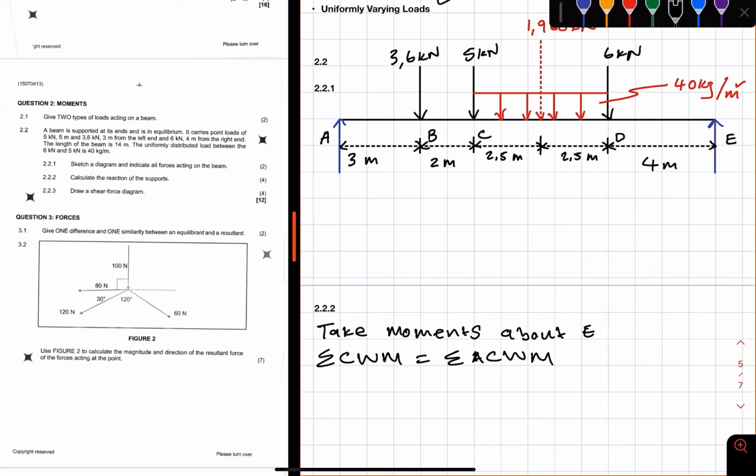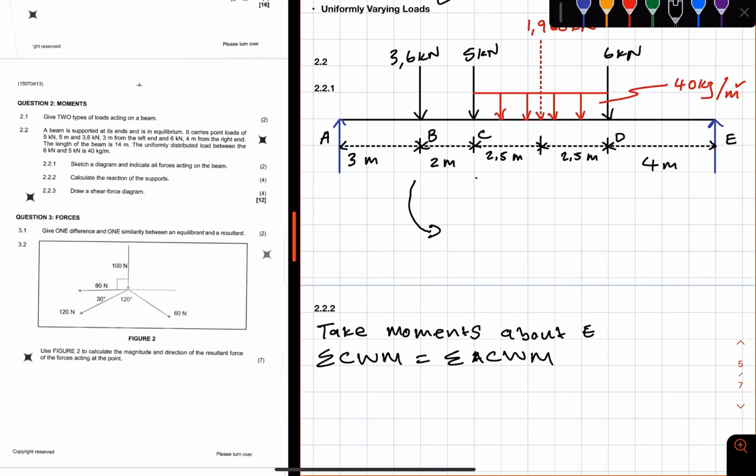Now, if you look at all the other point loads, including the weight of the beam, they are going to have an anti-clockwise turning effect if we are taking moments about point E, right? 3,6 is going downward, and if we're taking moments about E, it's going to tend to go in that direction, which is anti-clockwise.